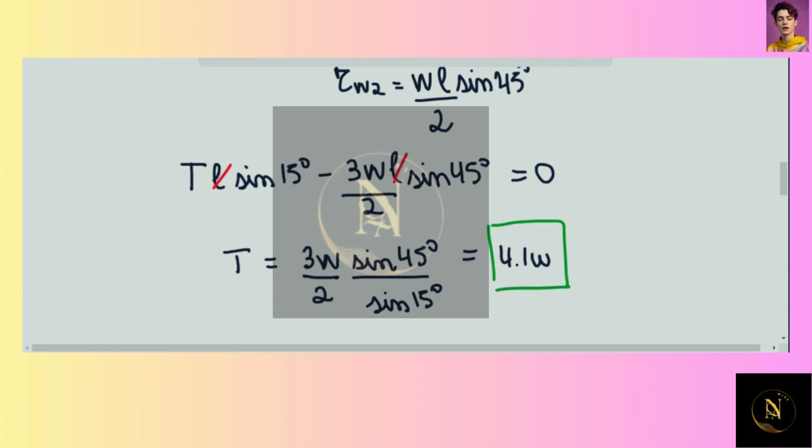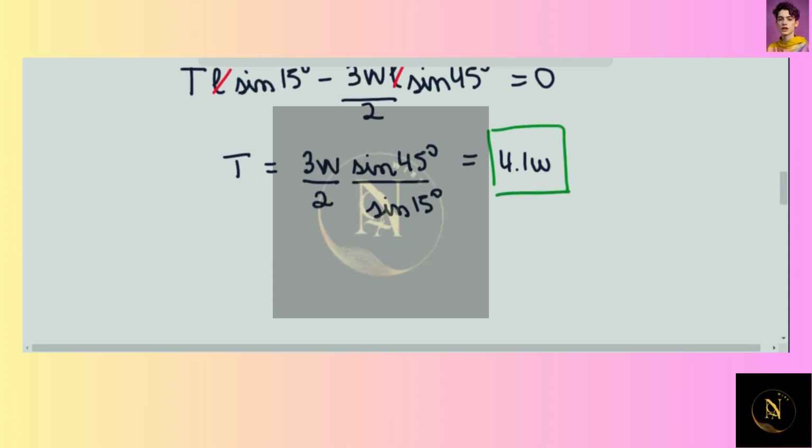Now I have to find the direction and magnitude of the force F. So from before, you can see that the force F is minus the sum of the tension plus 2W.